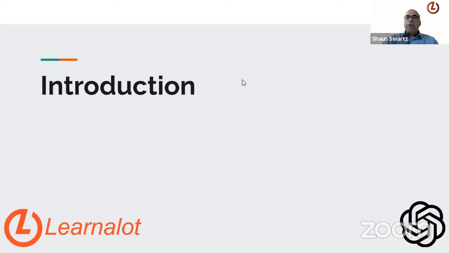So as an introduction, first let's talk about what is ChatGPT. It's a very powerful language model. It was developed by OpenAI. It's designed to generate human-like text based on a given prompt or conversation.